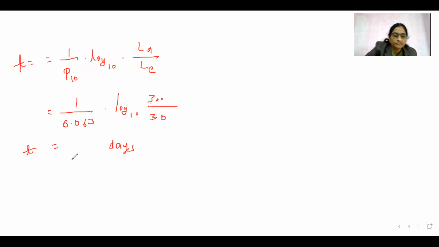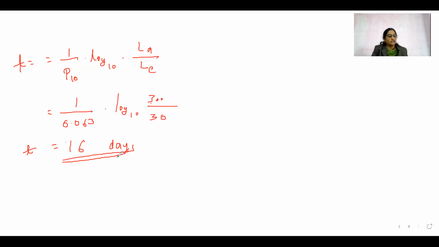Let me check the answer. 16 days, good. If it comes in decimal points, you need to convert it into a whole figure. So t is equal to 16 days. So you have calculated the detention time.